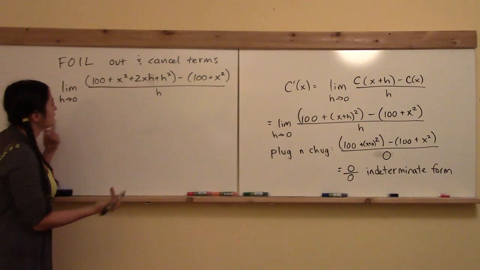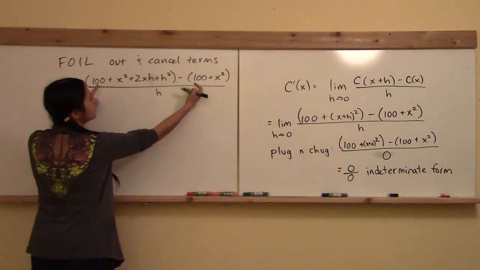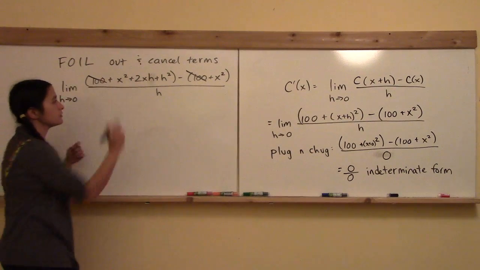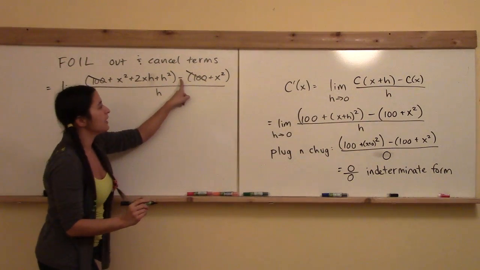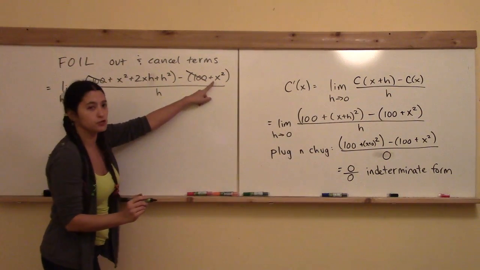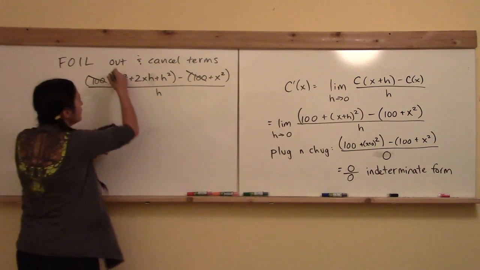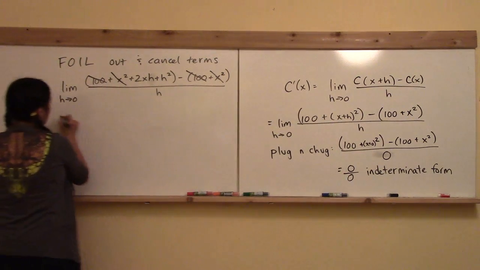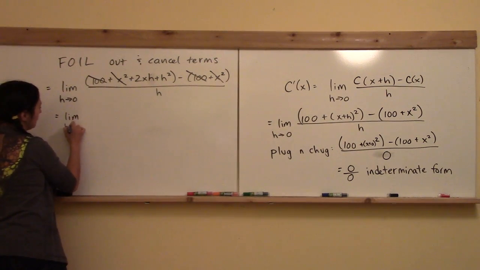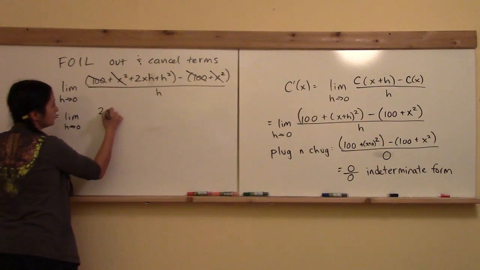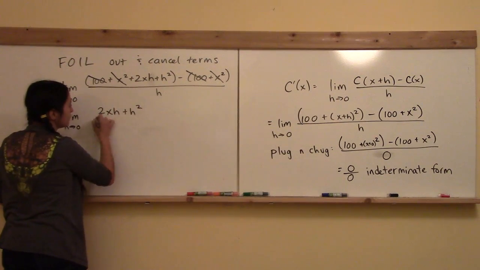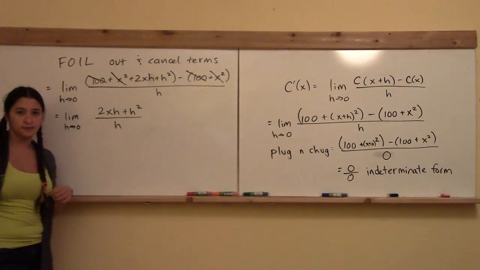Okay, so let's see what I got here. 100 minus 100. Cancel, cancel. And remember, this is going to be a minus x squared because the minus factors through. So positive x squared minus x squared. Cancel, cancel. Okay, so the next thing that I'm going to have is the limit as h tends towards 0 of 2xh plus h squared divided by h.